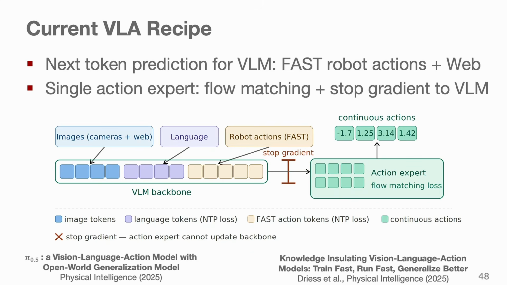This means that the action expert reads from the VLM backbone but can't update it, insulating it in order to preserve its semantic capabilities. And this also helps convergence, fast training, and so forth. You can find more details in the knowledge insulation paper from Danny Driess on the bottom right.